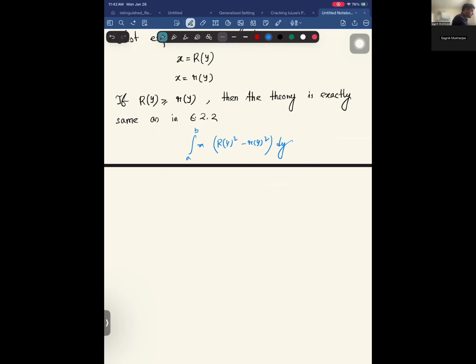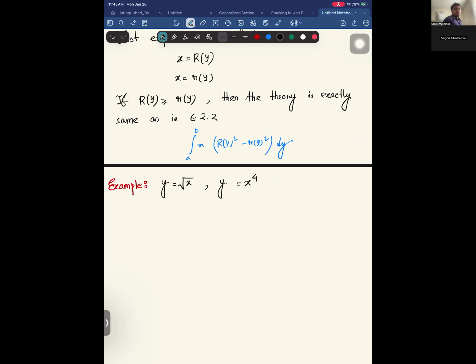And where a and b are the x coordinates of the point of intersection of these two functions. So let's see an example and make everything clear. The functions are y equals square root x, and y equals x power 4.